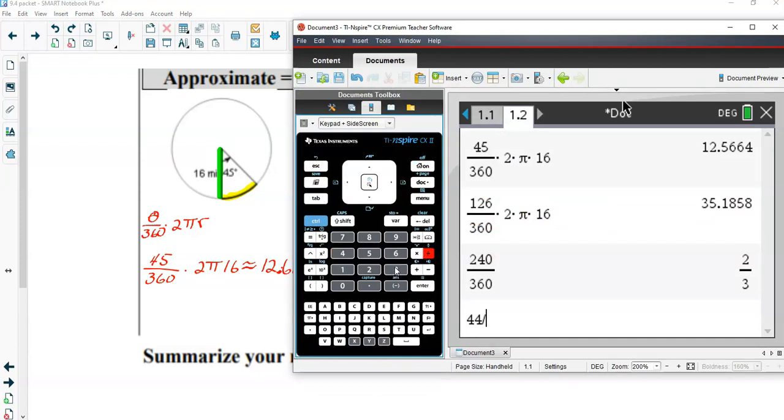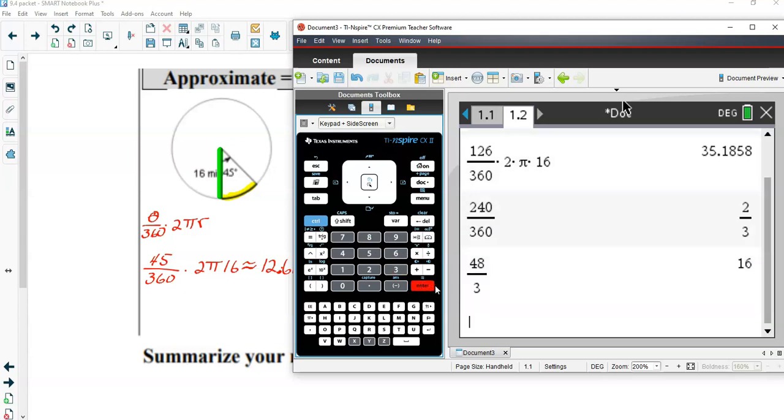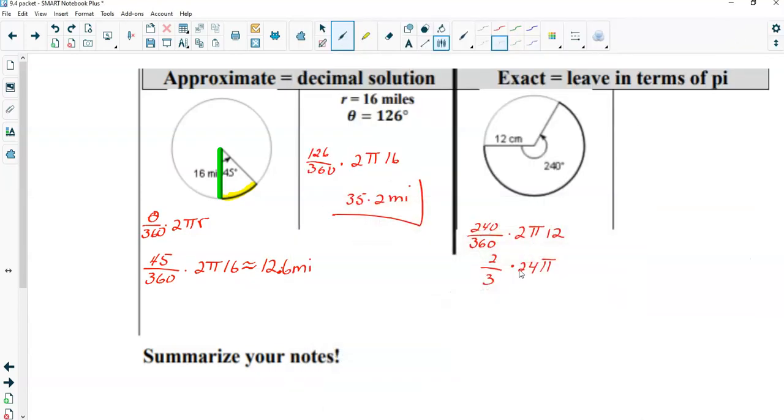I think it's 14, but let's make sure. 48 divided by 3. Oh, 16. So it's 16 pi. That means the actual measurement is 16 pi. 2/3 of 24 pi is 16 pi. Okay, you leave the pi alone, that gives you the exact measurement. Let's try one last one.